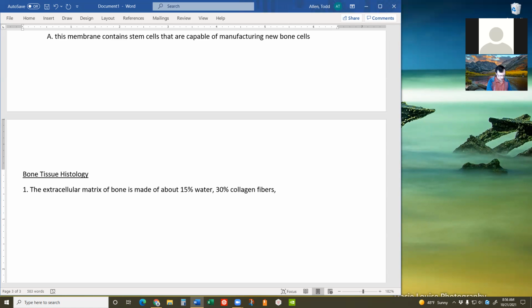And 55% what is known as crystallized mineral salts. So when we talk about crystallized mineral salts, we're talking about calcium and phosphorus minerals that have crystallized.